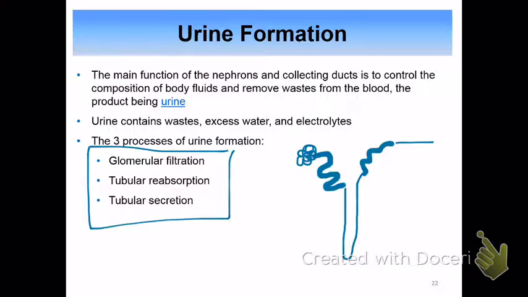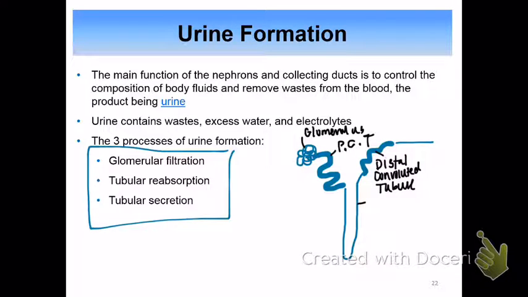You've got glomerulus. You've got proximal, I'm just going to abbreviate. Convoluted tubule, and that's not a well-known abbreviation. I just made that up. Here is your distal convoluted tubule.